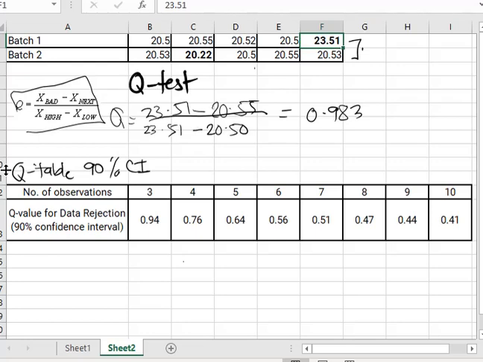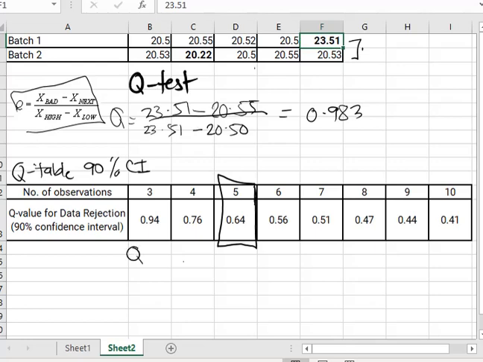These values change depending on the confidence interval. So at 90% confidence interval, the Q for n number of measurements, for n equals 5, where n is the number of measurements, is 0.64.